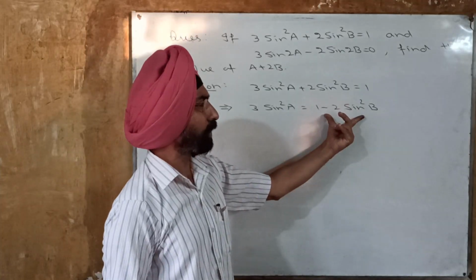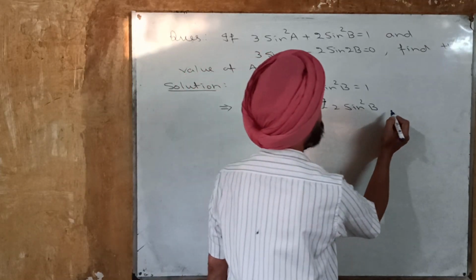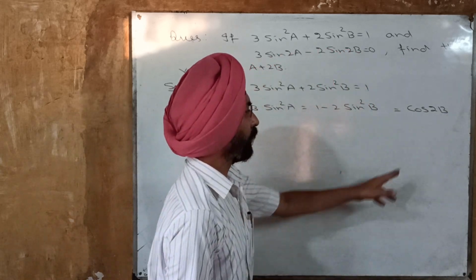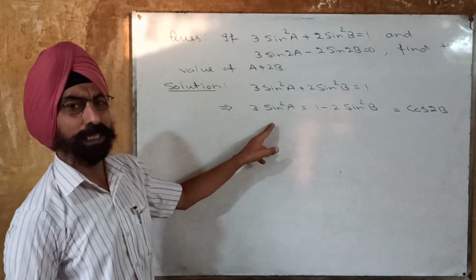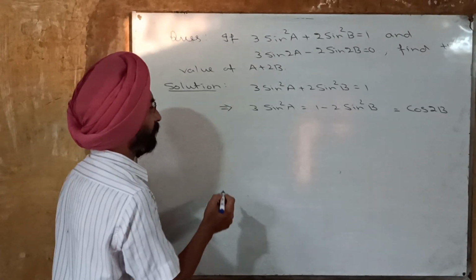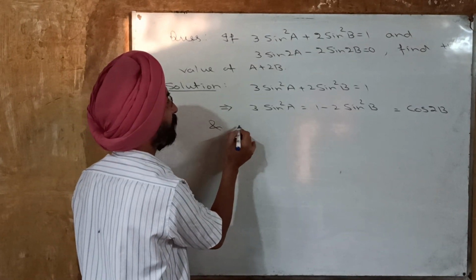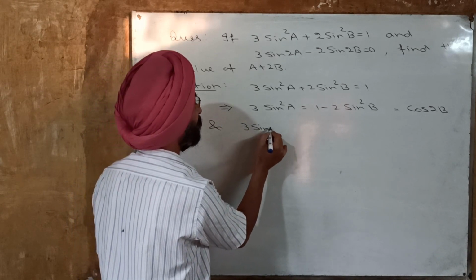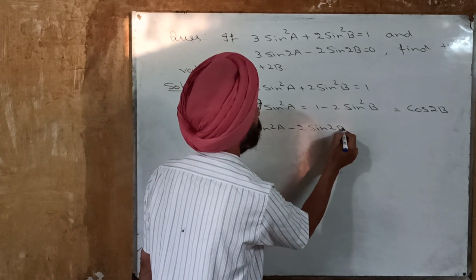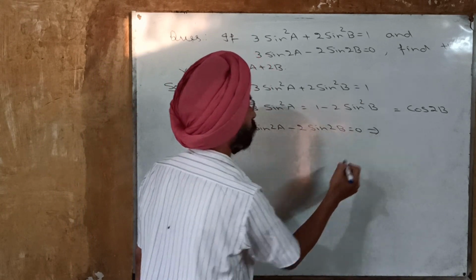And now this 1 minus 2 sin square B is the formula for cos 2B. So cos 2B is coming out to be equal to 3 sin square A. This is the first key point. And from the second equation, 3 sin 2A minus 2 sin 2B is equal to 0.